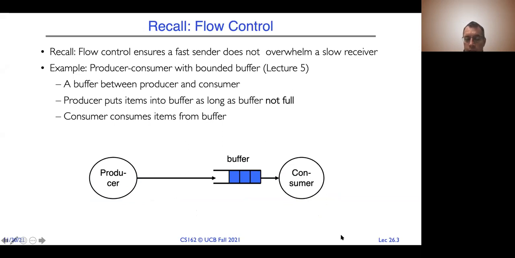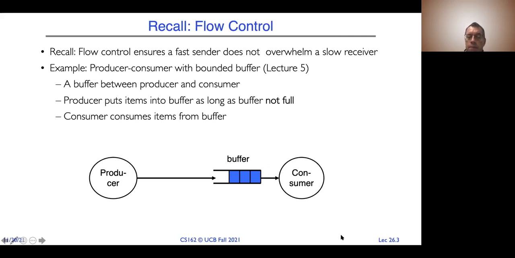Okay, so again, from the last lecture and from many lectures ago, if you remember, this producer-consumer is a bounded buffer. Bounded buffer meaning that it can accept only a finite set of items in the buffer.